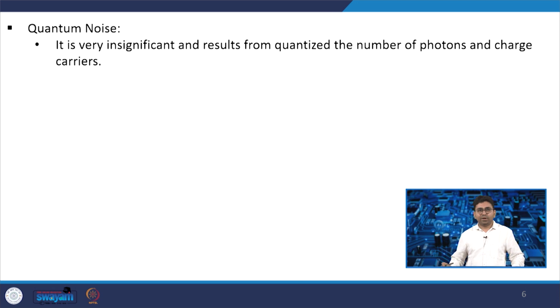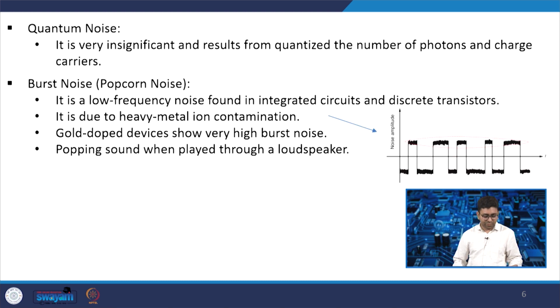Then another is quantum noise. It is very significant and results from the quantized number of photons and charge carriers. When we are considering quantum effects, at that time this quantum noise also we should consider. Let us say for example, if you are making any quantum devices, for that you should consider quantum noise as well.